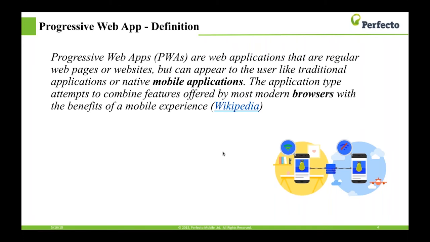What progressive brings to the table on top of responsive is some native capabilities, as we will soon show you. Some of them are related to push notifications, network caching, working offline, and working with some sensors, as we will demonstrate also during the webinar.